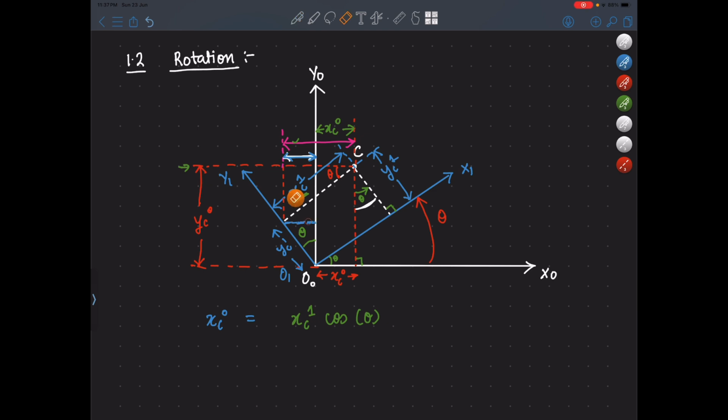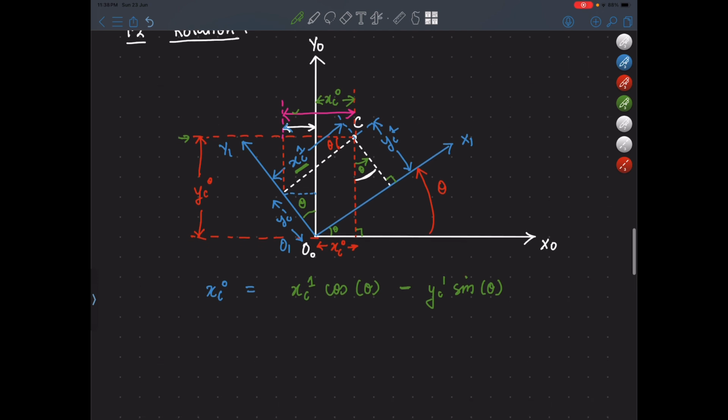This blue dotted line which I am currently drawing and this white arrowed line that we drew earlier are the same. So this can be given as yc1 sine theta, and we want to subtract that. So this is how you get xc naught, right?